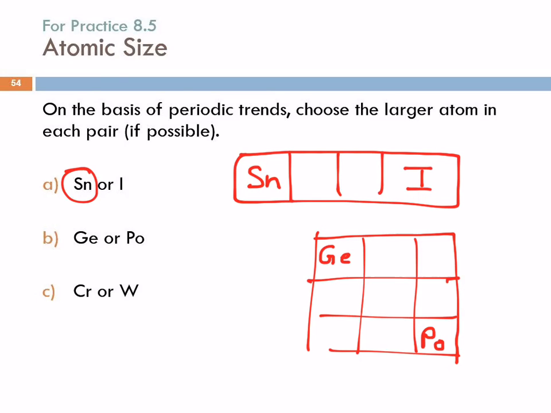If we look at going across, we expect polonium to be smaller because it's to the right of germanium. But if we look at the trend going down, we expect polonium to be larger. So this one's like, which trend is more important? Well, usually the up and down trend is more important because polonium's valence electrons are in the 6s and germanium's is 4s. The higher principal level is going to be larger.